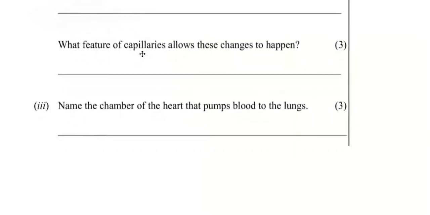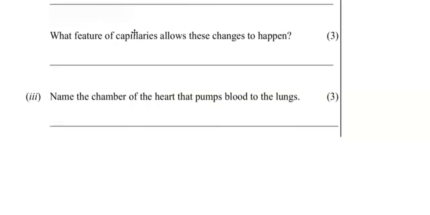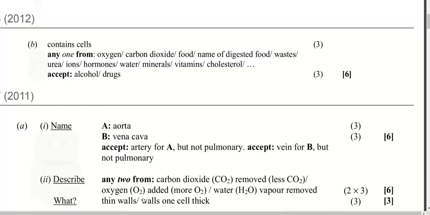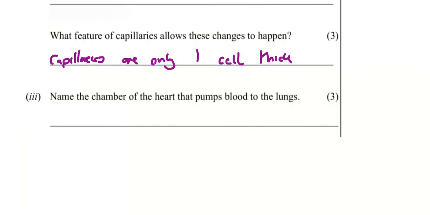What feature of capillaries allows these changes to happen? Capillaries are only one cell thick. One cell thick, okay? So thin walls are one cell thick, and this allows capillaries to transfer oxygen and carbon dioxide through the walls of the capillary.